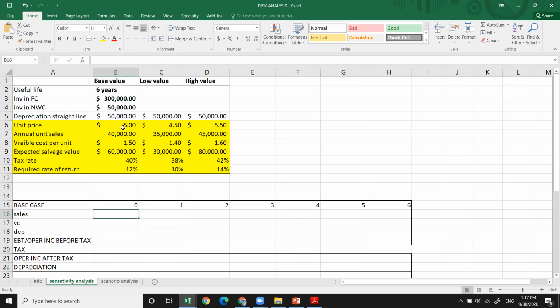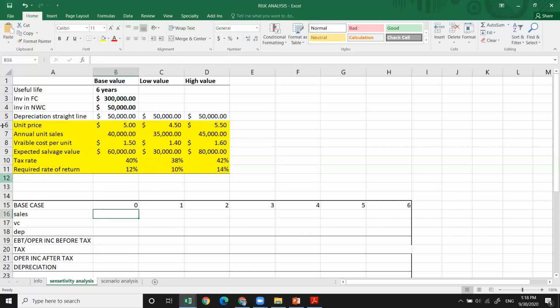We are given investment in fixed capital, investment in net working capital, depreciation straight line to 0 for all 3 scenarios, and annual unit sales. So we created the scenarios directly, this is a reduction, this is an increase, and the tax rate and required rate of return.